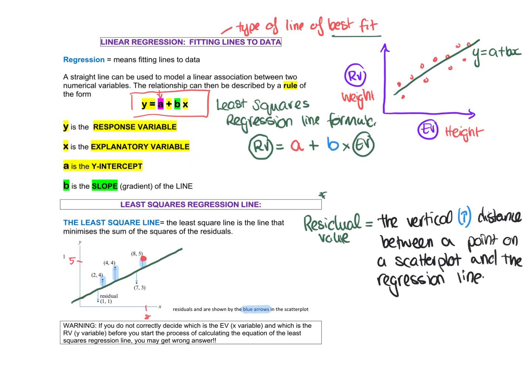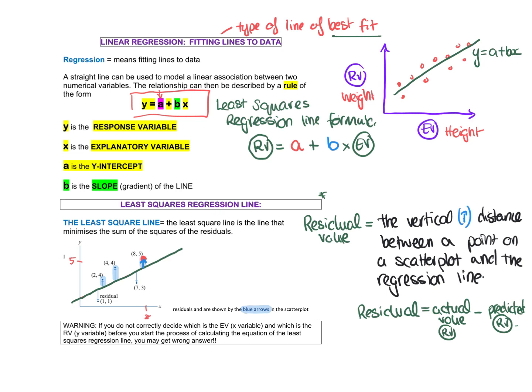How much the distance in between what the line is at 8 and what the dot is, that's the residual. Sometimes you might want to put the formula. We do a little bit more of that next year, but if you want to write residual, there's a formula. It's the actual response value minus the predicted response value.